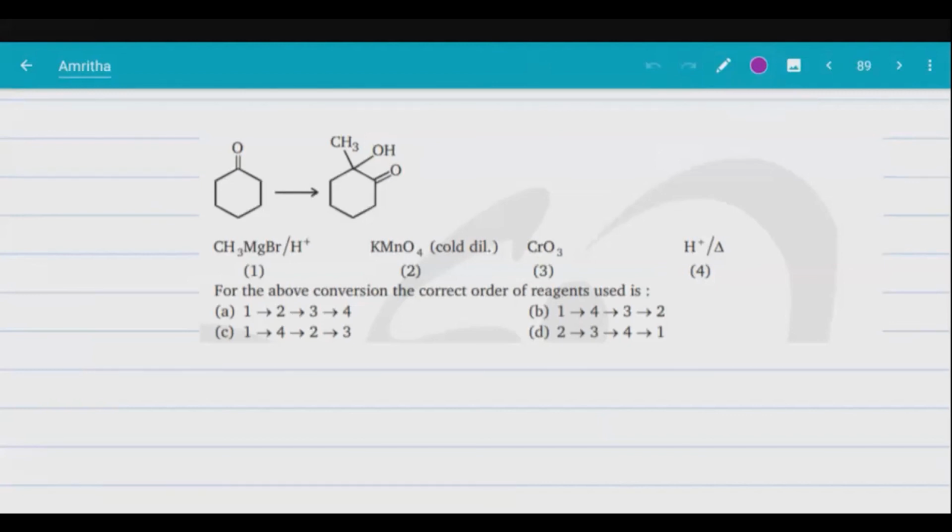First one, is it right? 1 2 3 4. Acha. 1 4 3 2. Okay. 1 4.